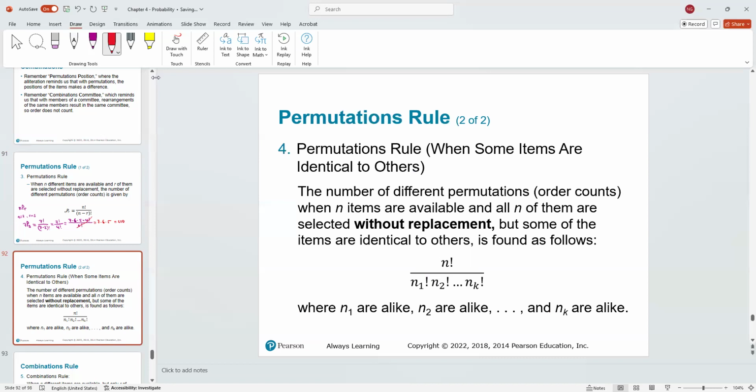And in this case, some of the items are identical to others. It's found by n factorial over the factorials of each of the repeated items. We call this a distinguishable permutation of n objects where n sub 1 are all one type, n sub 2 are all one type, n sub 3, etc.